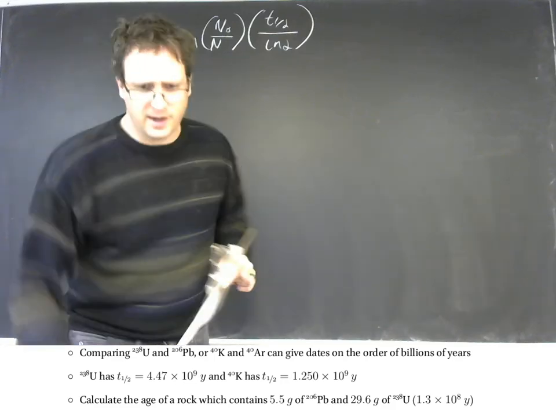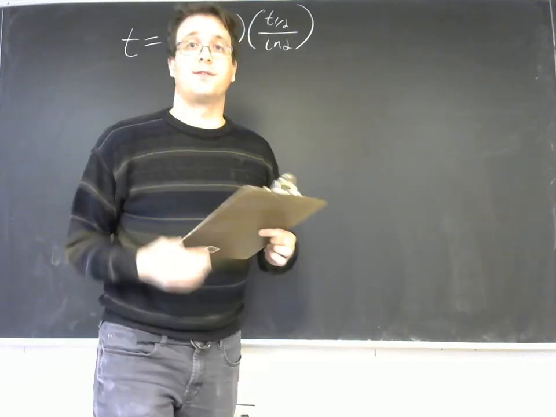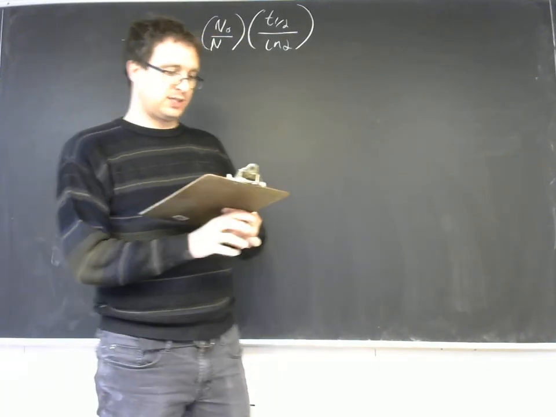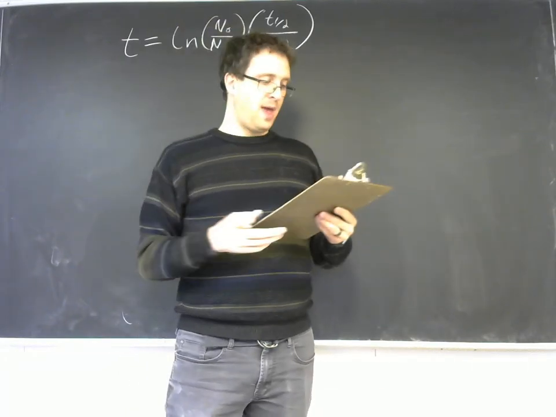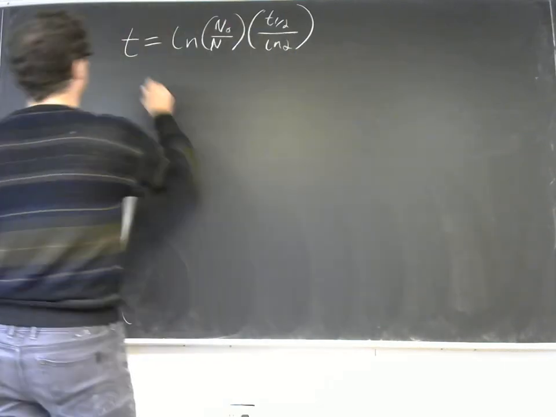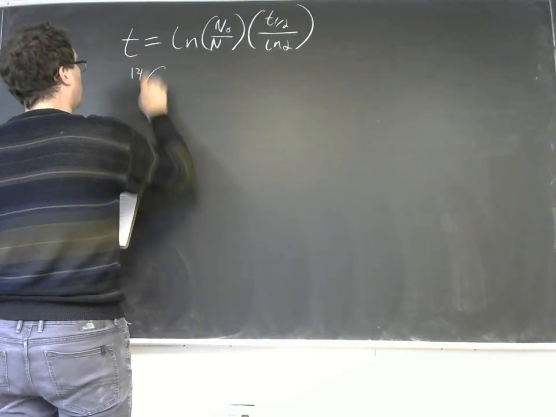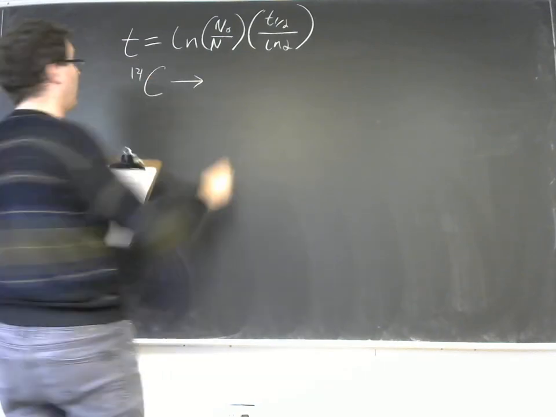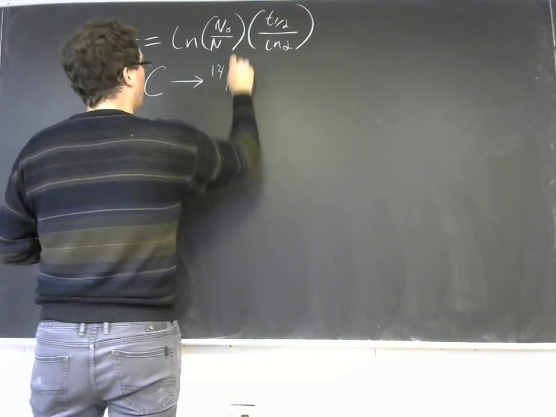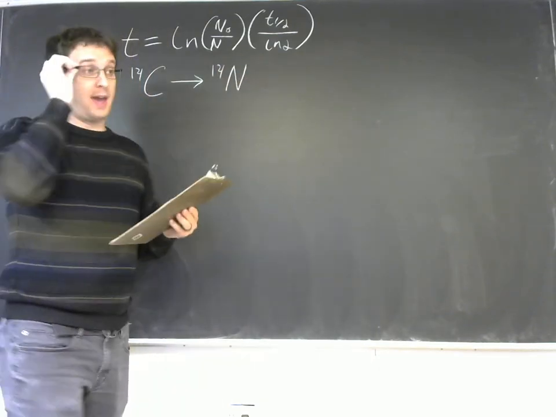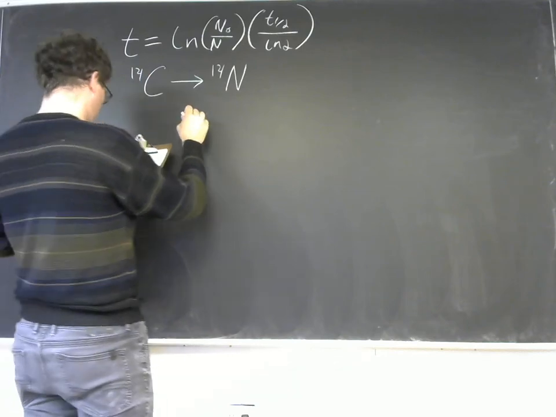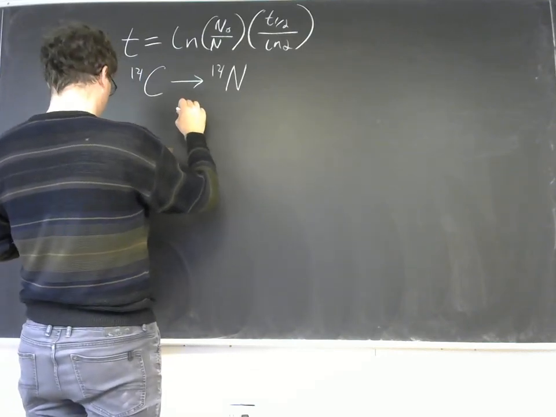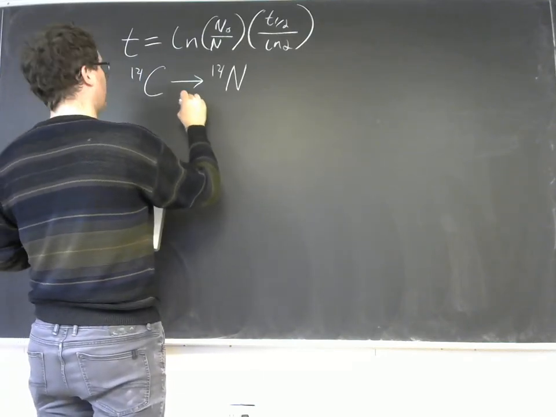There is another useful radioactive isotope that we use to date organic material, and that is carbon-14. Carbon-14 will decay through beta decay to produce nitrogen-14. And that happens on the order of, well, now I've forgotten, 5,730 years.